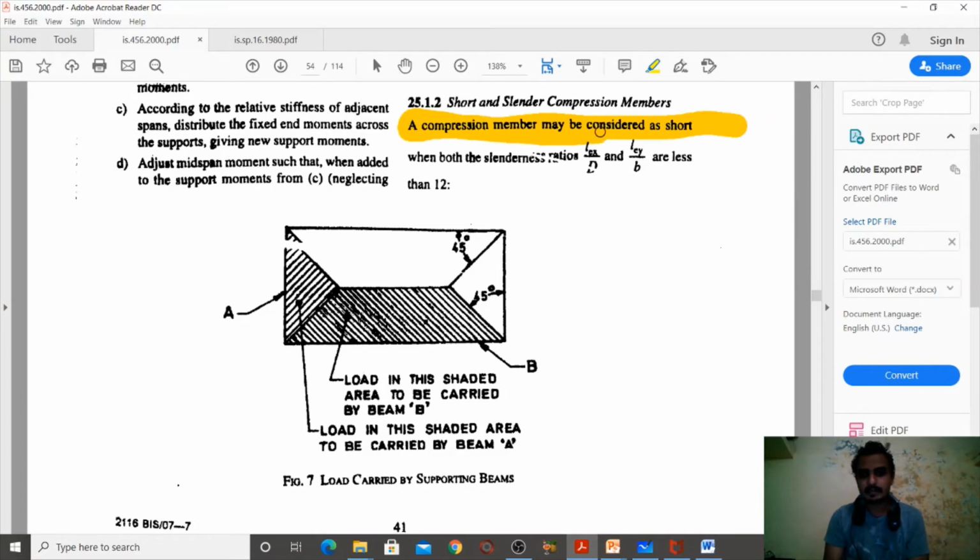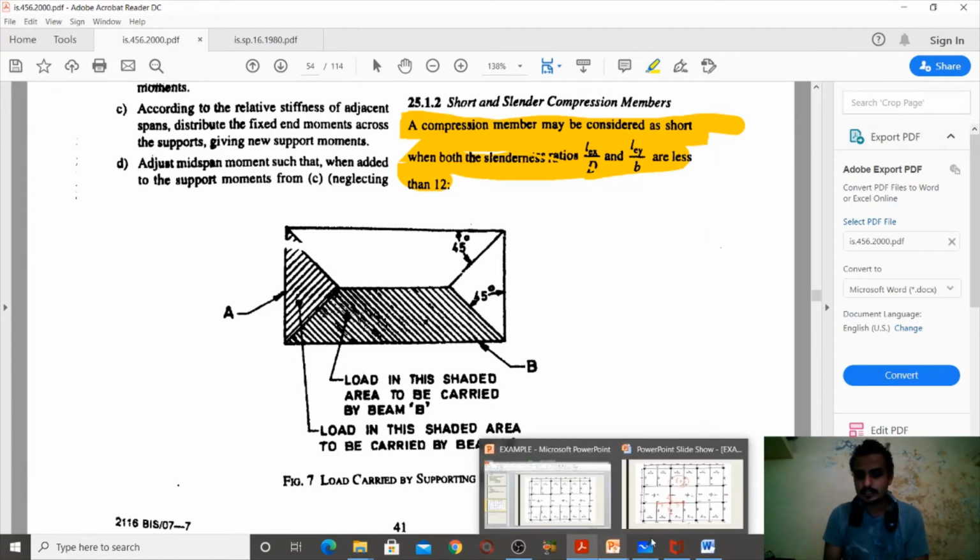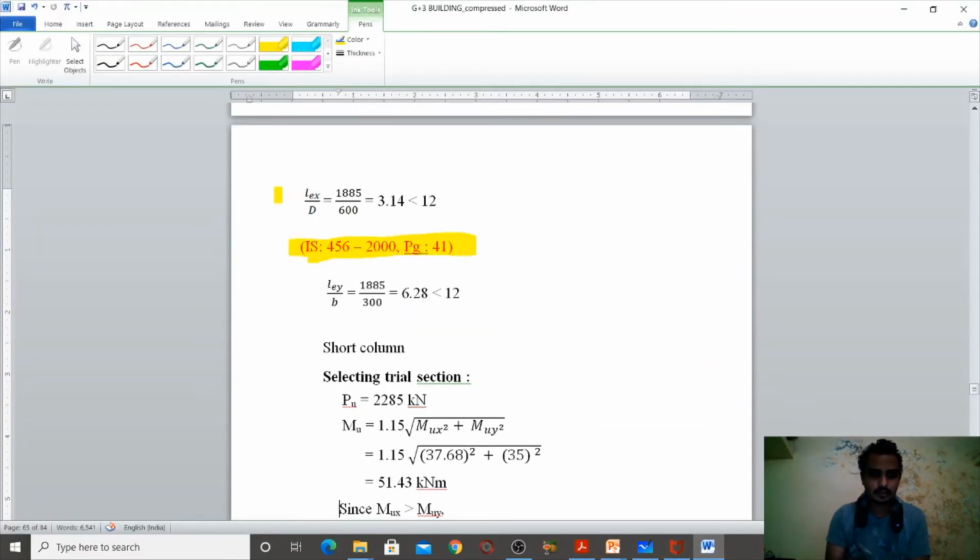The compression member may be considered as short when both slenderness ratios LEX by D and LEY by B are less than 12. So let's check if LEX by D and LEY by B are less than 12 or not. LEX by D is less than 12 and LEY by B is less than 12. So the column is a short column.